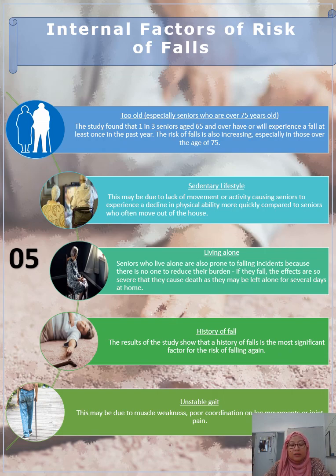Once they had a fall, they may develop fear of falling that will reduce their mobility, reduce their physical activity, reduce their intentions to do exercises that will further cause physiological or physical decline. And again, they will have a high risk of falling again.